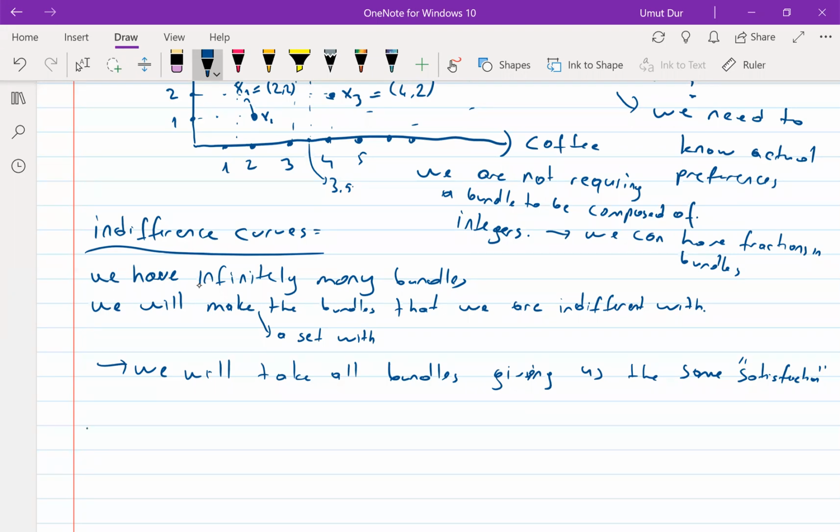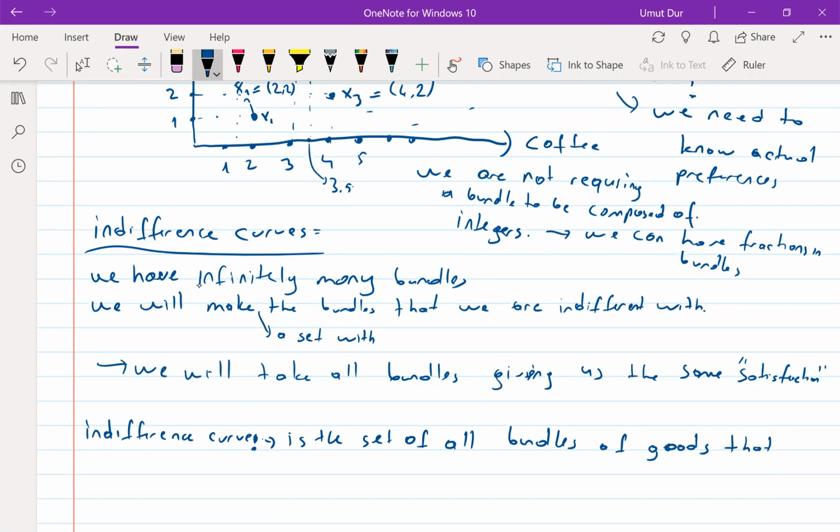So formally we will say an indifference curve is the set of all bundles of goods that a consumer views as being equally desirable.